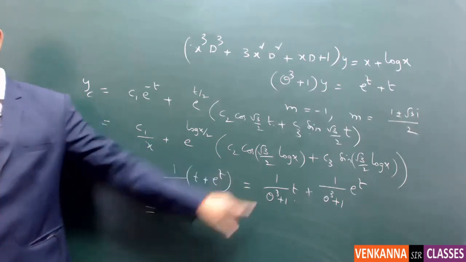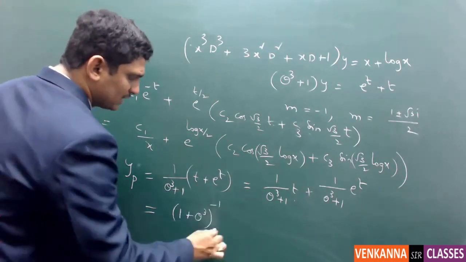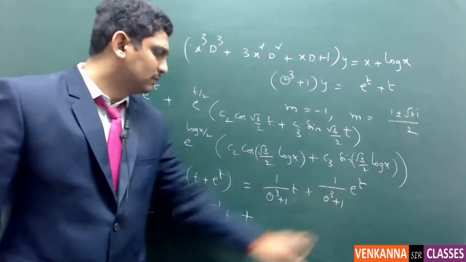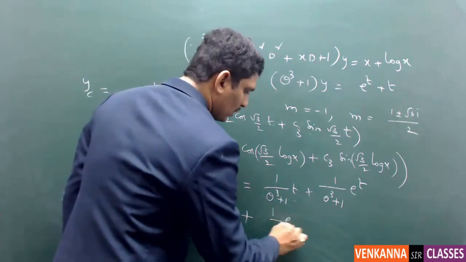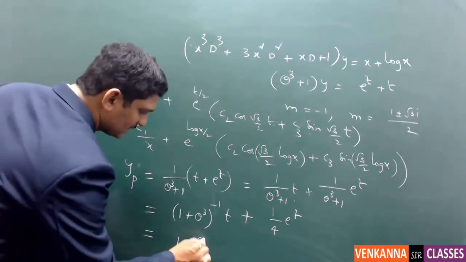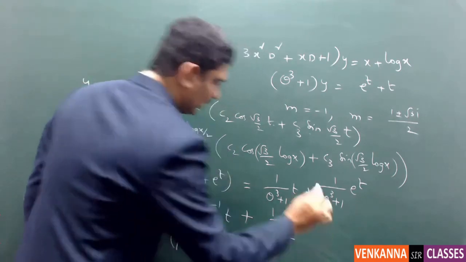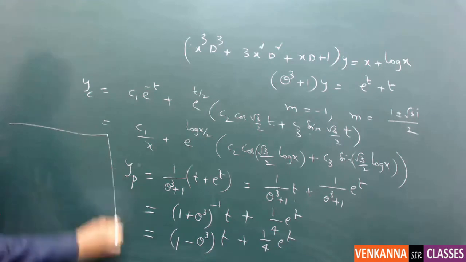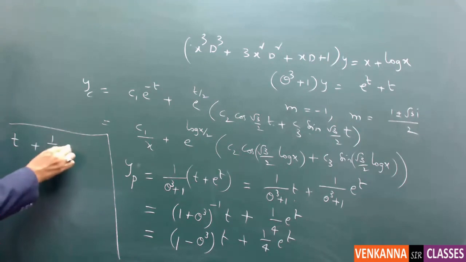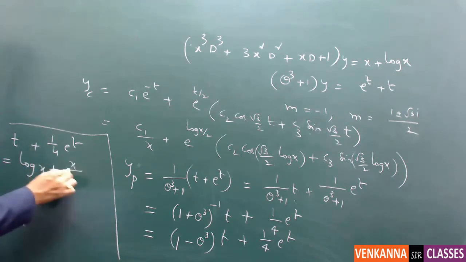If you apply that criteria here, it will come as (1 plus theta cube) whole power minus 1 of t plus, by substituting the power 1, 1 by 2 e power t. Applying the expansion, it is (1 minus theta cube) of t plus 1 by 2 e power t, which gives t plus 1 by 2 e power t equals log x plus x by 2.